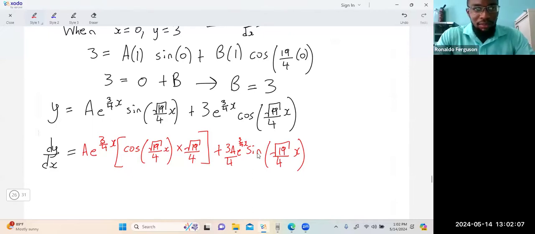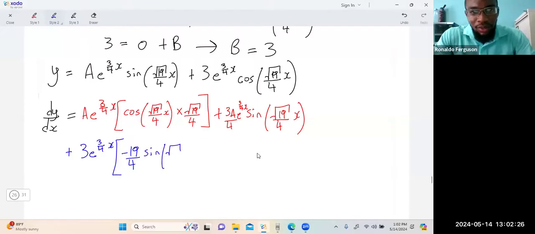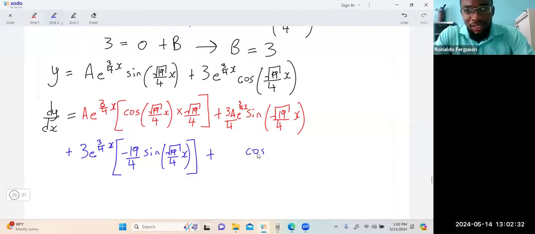We're going to have to do the same thing for over here now. So plus keep the first 3e to the 3/4 x, then multiply by the derivative of the second. But when I differentiate cos, I get negative sine. So minus root 19 over 4 sine root 19 over 4x, plus keep the second, the cos root 19 over 4x.